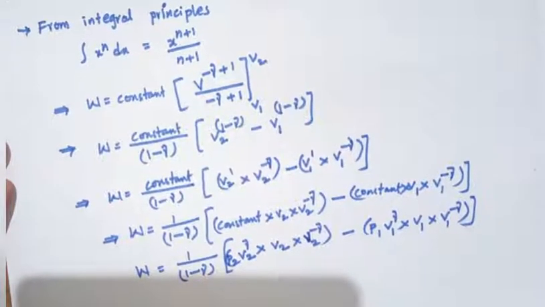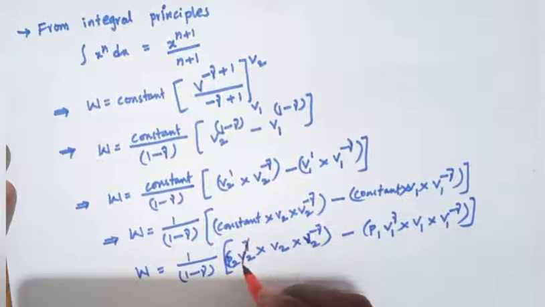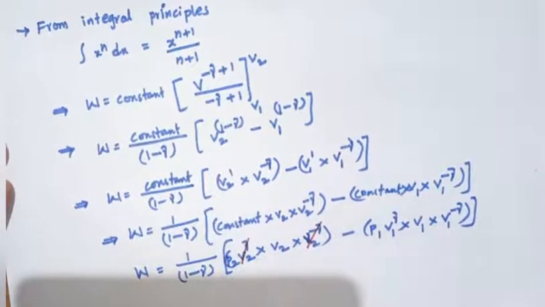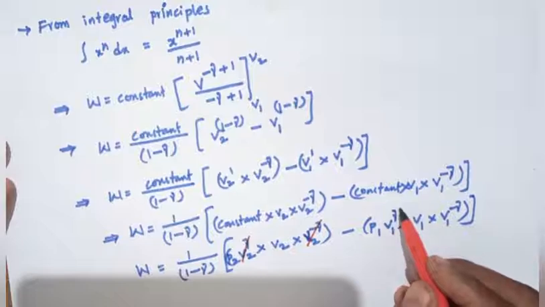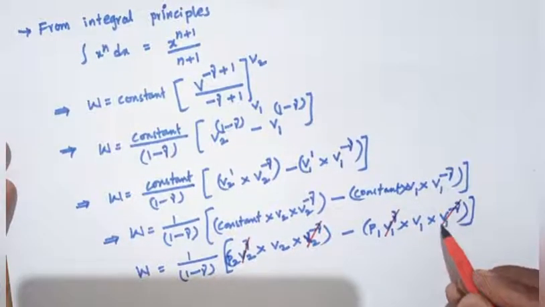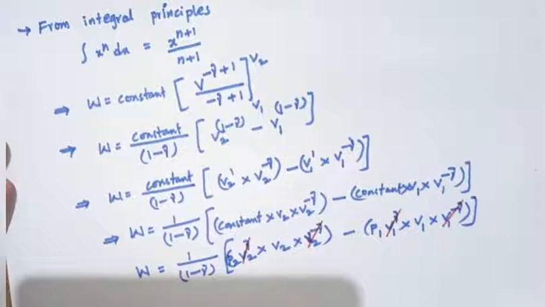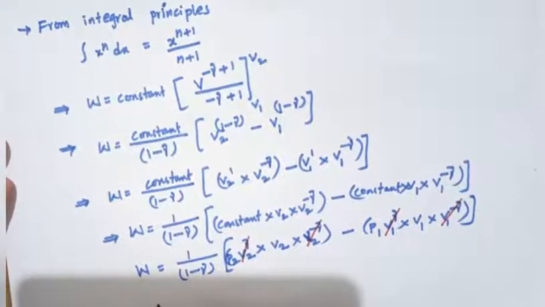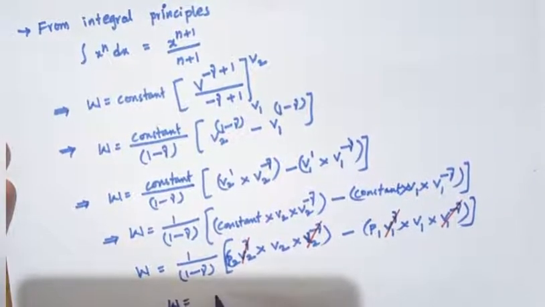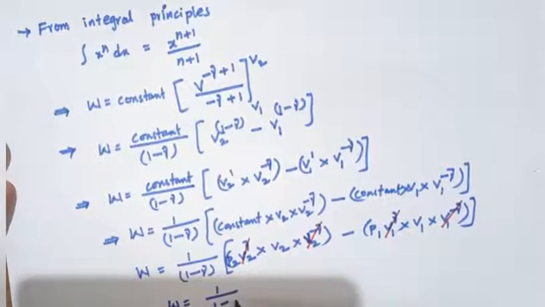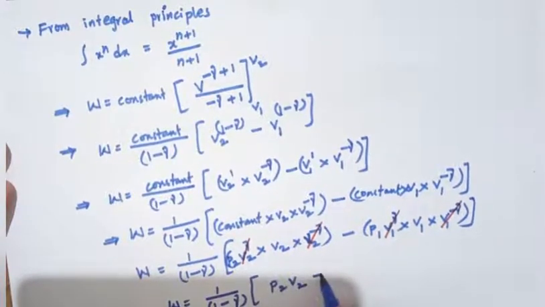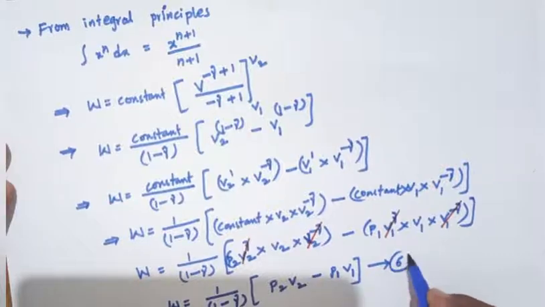Here V2 power of gamma and V2 power of minus gamma cancel, and V1 power of gamma and V1 power of minus gamma cancel. Now the remaining term is 1 by 1 minus gamma into P2 V2 minus P1 V1. Okay, this is equation number 6.